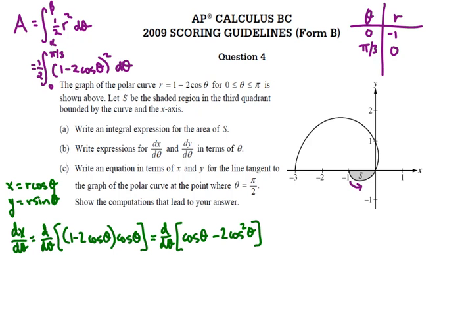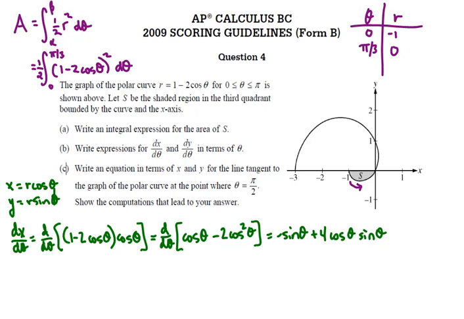I'm going to multiply it out. The derivative of cosine we know is negative sine theta. Then we're going to have a chain rule with cosine squared theta. So I bring down the 2, and now I have negative 4, leaving the inside alone, cosine theta times the derivative of cosine theta, which is negative sine theta.